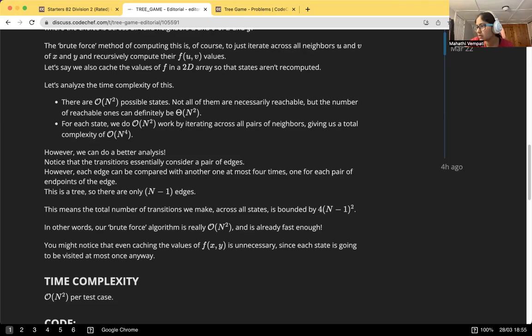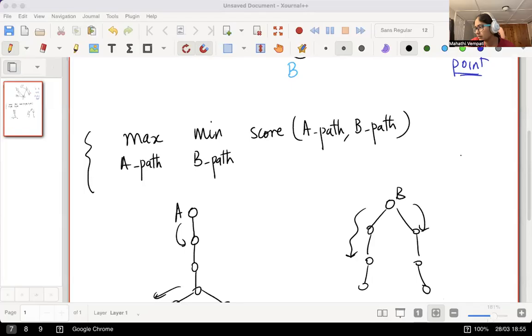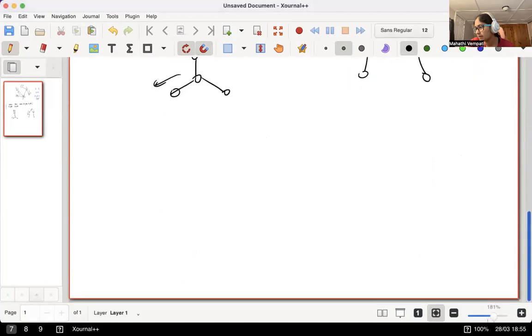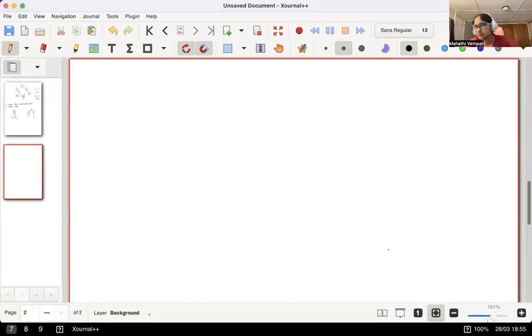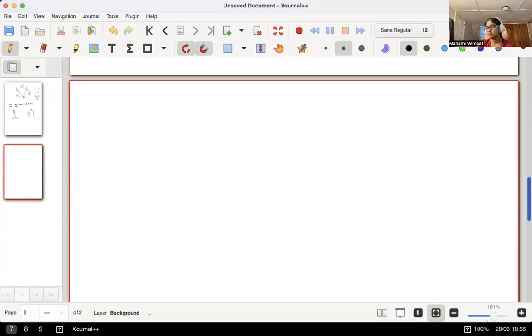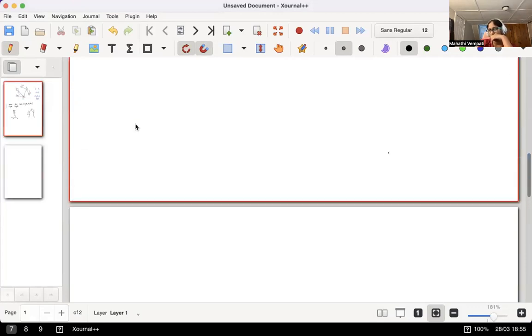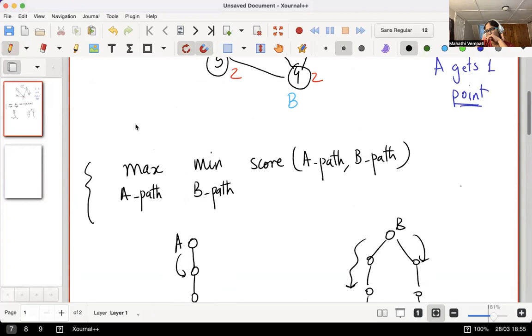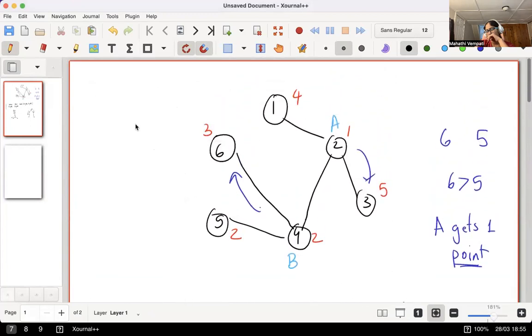Okay, let's maybe draw this down and see where we get stuck. So let's say in this problem only, first, let me try to run the algorithm.